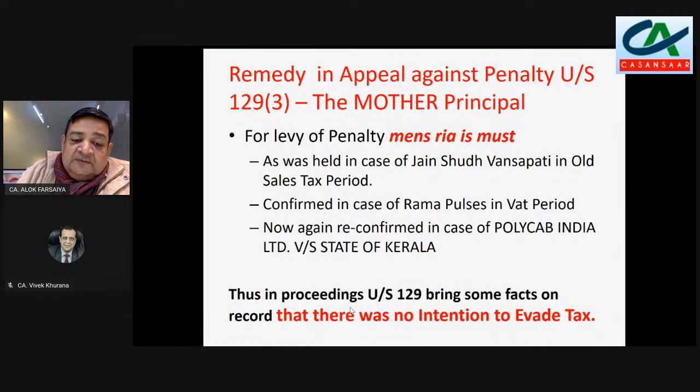And when the law changed from the VAT regime to the GST regime, the decision came in Polycab India Limited. In all those cases, the principle is the same, that there should be a malafide intention to evade the tax. If there is no such intention, the assessee should not be penalized. Only the token penalty mentioned in circular number 64, that is 1000 rupees, can be levied and the goods should be released.